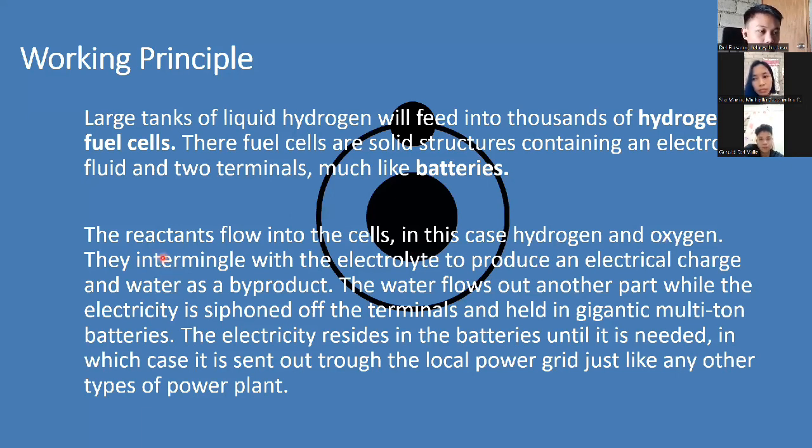They intermingle with the electrolyte to produce an electrical charge and water as a byproduct. The water flows out another part while the electricity is siphoned off the terminals and held in gigantic multi-ton batteries. The electricity resides in the batteries until it is needed, in which case it is sent out through the local power grid just like any other type of power plant.